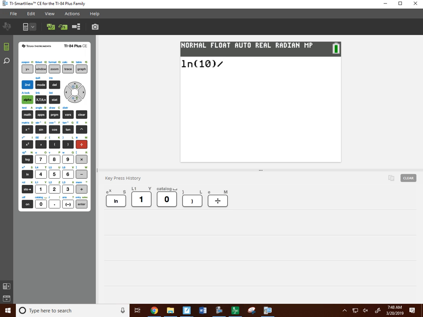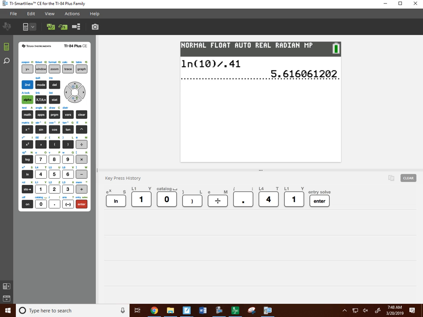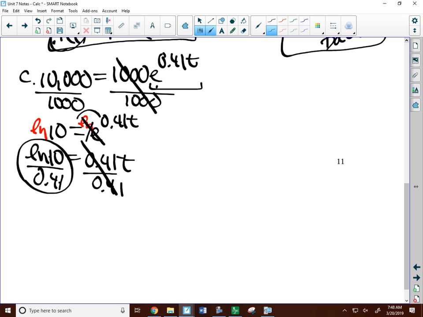Otherwise it probably won't work. Yeah, about 5.62. Let's go with that. On a test, we're gonna have to find the answer. Or we just leave it like that. Both are acceptable unless it says round to something, or write it as a decimal.